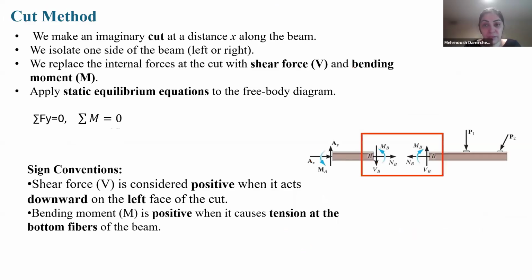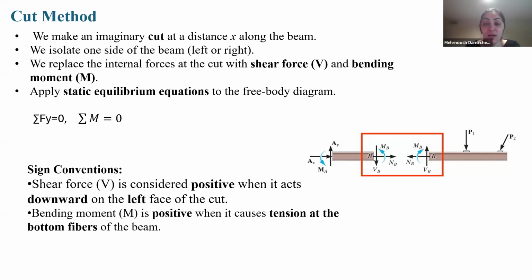In this method, we make an imaginary cut at a distance X. I told you in the last slide that X changes between 0 and L along the beam, and we isolate one side, either left or right, no matter, but considering sign conventions.